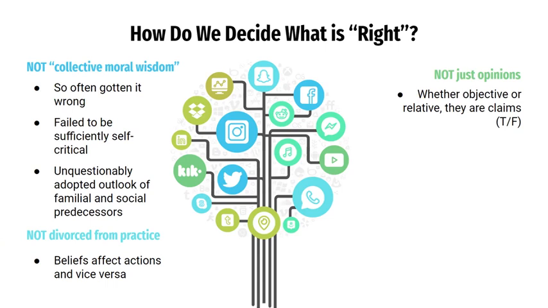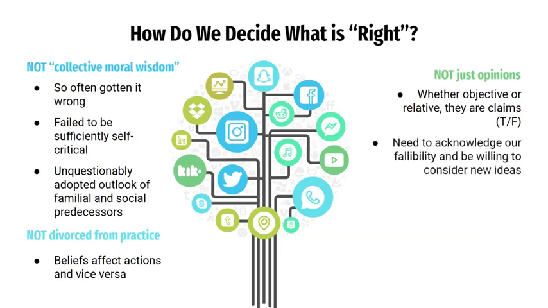So it's not just going around asking people, what do you think is moral? And then we'll figure out everything else from there. Rather, we want to give arguments for why we should think of actions one way versus another.